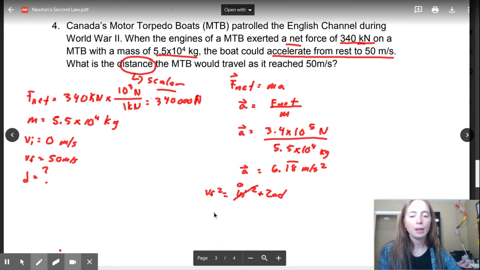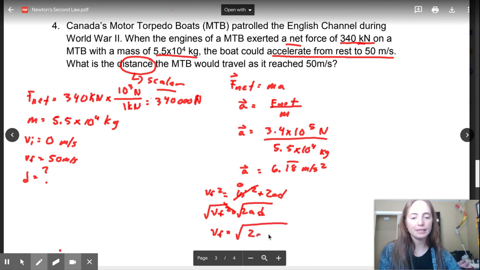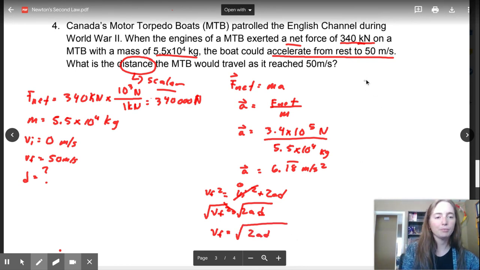So our VF squared is going to equal 2AD. I am going to square root both sides to cancel out that square. So my VF is going to equal root 2AD. I'm going to come back up here for more space. So I'm going to plunk my numbers into my equation. So 2 times my acceleration of 6.18 repeating, using all those digits from your calculators.